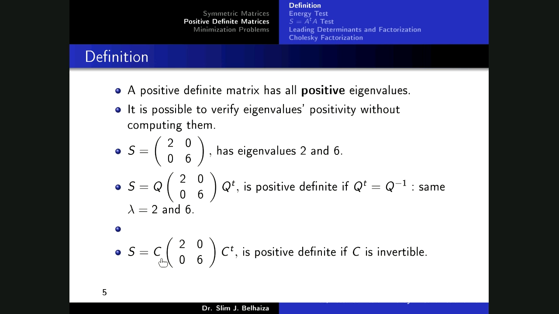And the same matrix S helps generate another matrix, which also has positive eigenvalues in case C is invertible. So matrices with positive eigenvalues can help you generate other matrices with positive eigenvalues, which is quite interesting to notice.